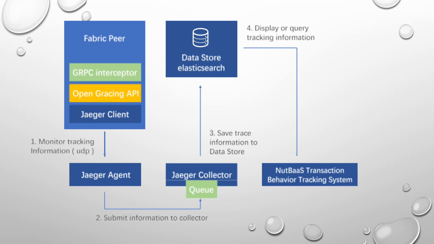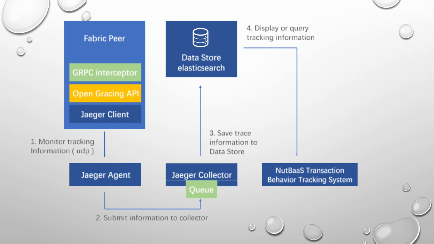First, Jaeger client is an OpenTracing compliant SDK implemented for different languages through the API provided by the SDK. The gRPC interceptor writes data to the Jaeger client, and then the client passes the tracing information to the Jaeger agent according to the sampling strategy specified by the application.